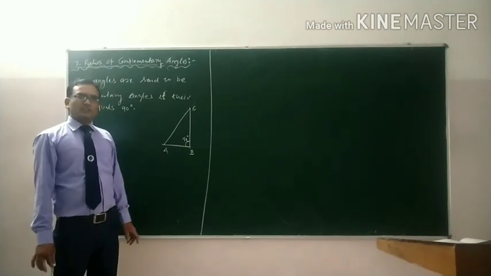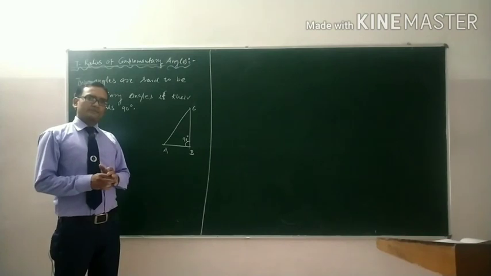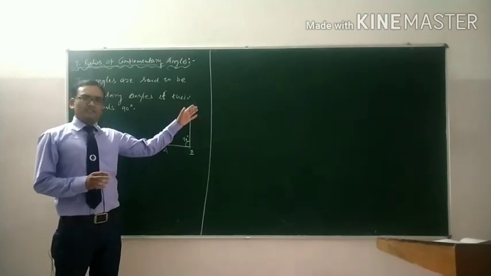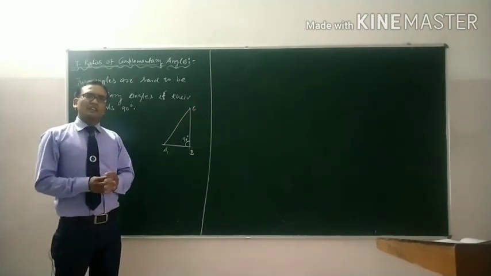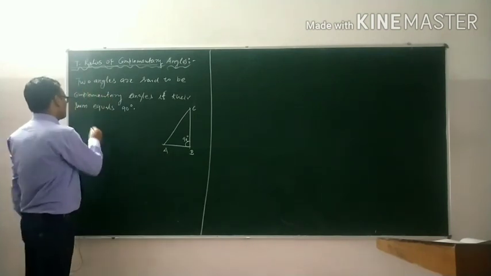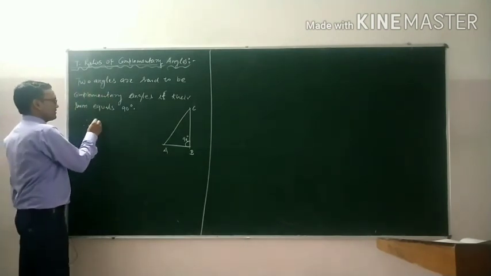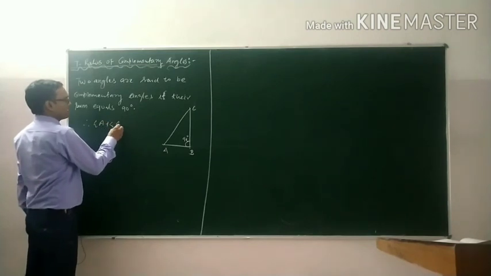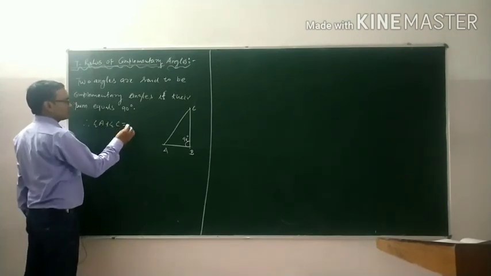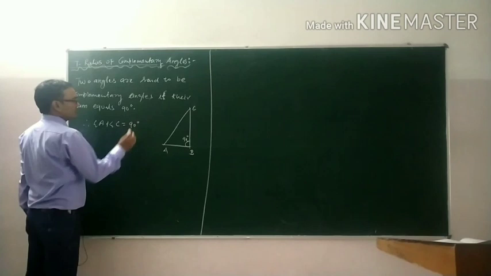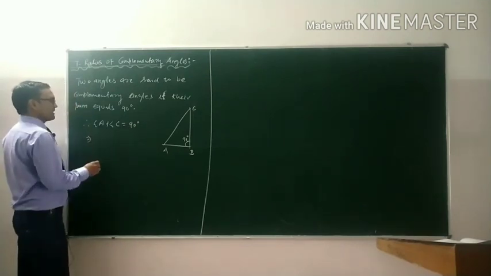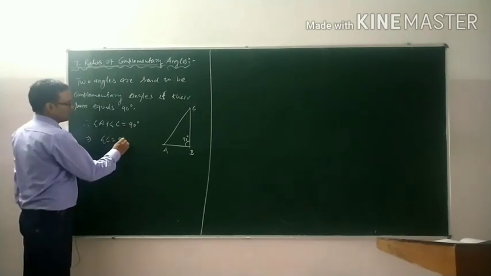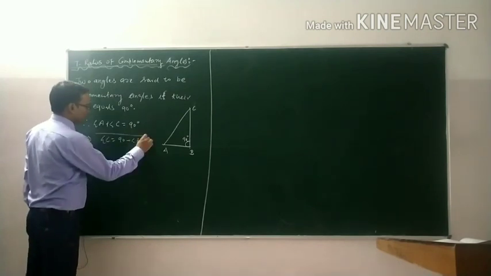Okay student, in this situation angle A and angle C are complementary angles. Angle A plus angle C is the 90 degree. This implies that angle C equal to 90 degree minus angle A.